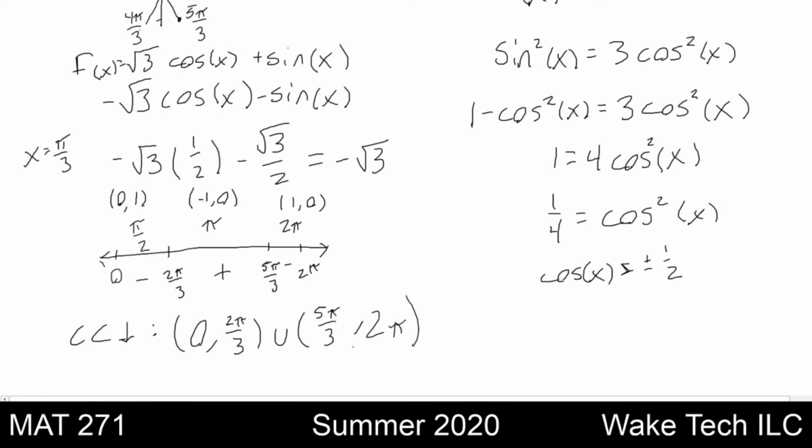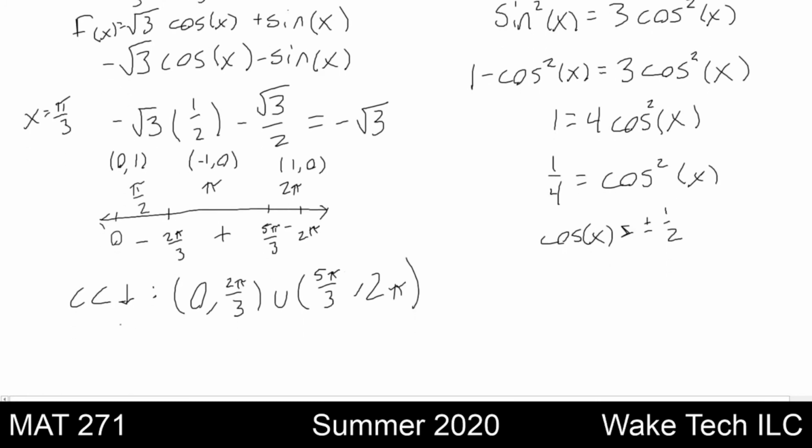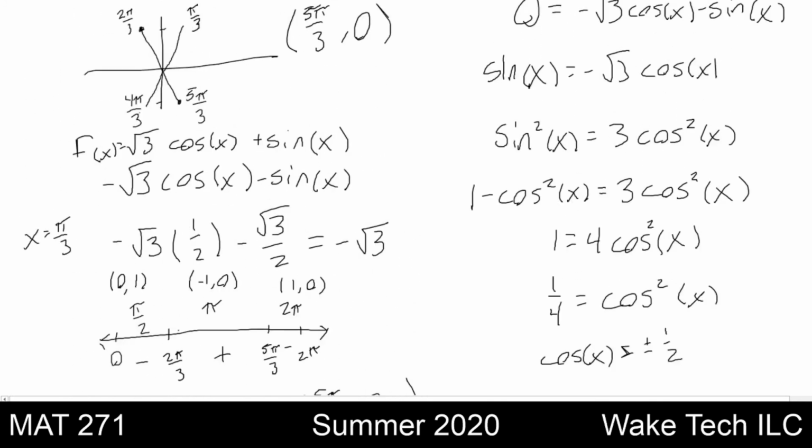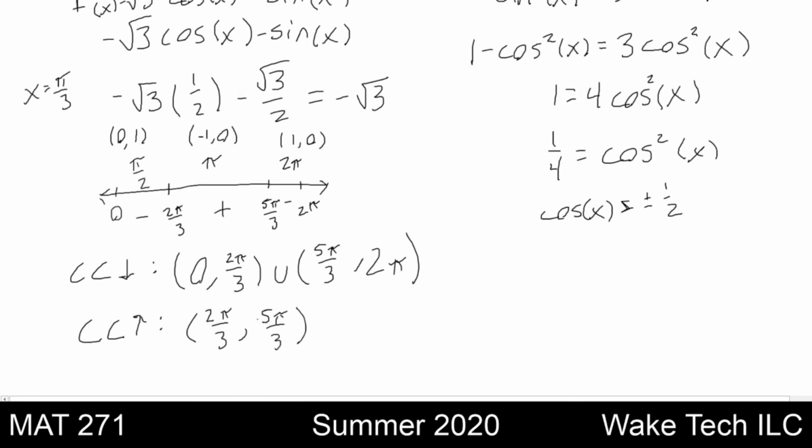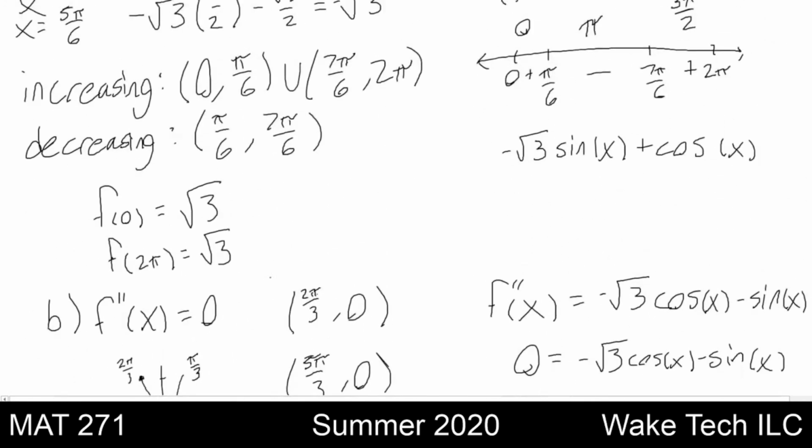Notice again that we don't have our intervals go out to infinity, and that's just because the function isn't defined anywhere outside of the limits they provide. Concave up, which I use as this CC up symbol there as my abbreviation, is from 2 pi over 3 to 5 pi over 3. And that answers part B for us.